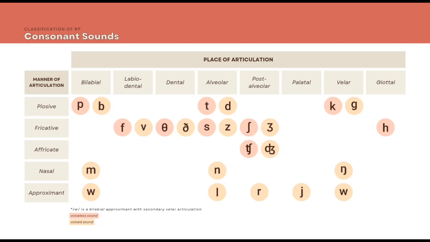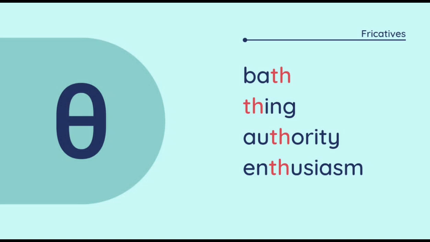So our first consonant with a special symbol is consonant th. Consonant sound th. It is a dental fricative. A dental fricative. And we have examples as bath, B-A-T-H.